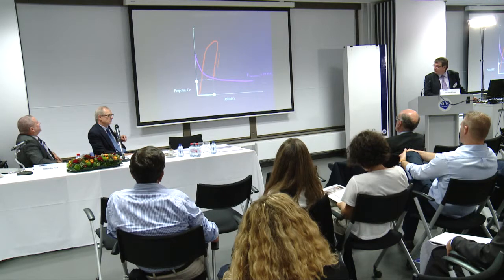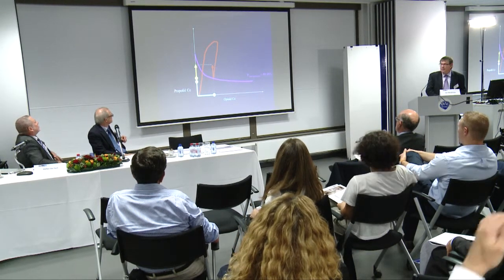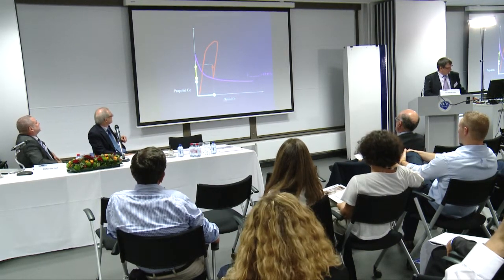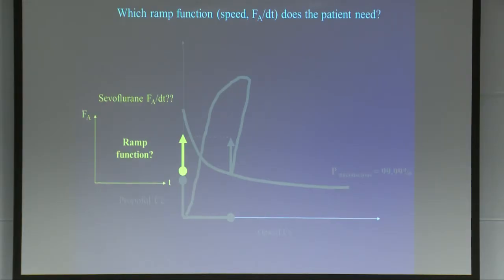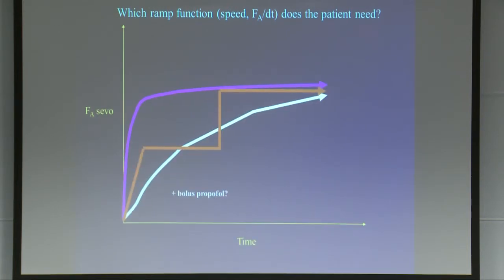So then the question becomes, I'm going to add some sevoflurane, but how fast does the concentration have to rise? Which ramp function does the patient need? Does it have to be something like this, something like that? Do you want to add a bolus of propofol? And what's the trade-off in terms of agent usage?